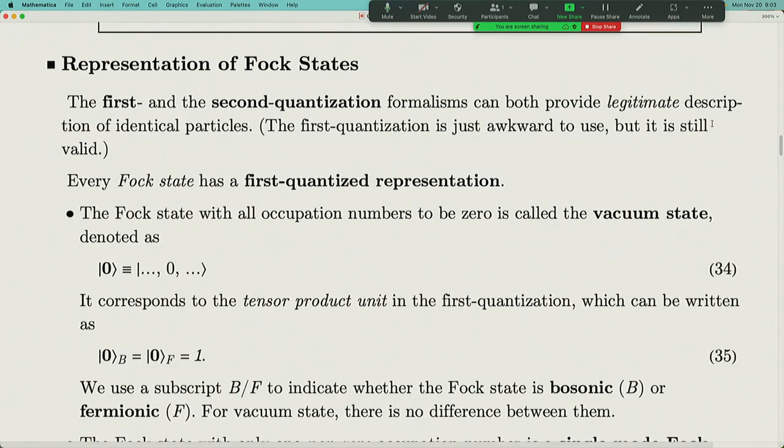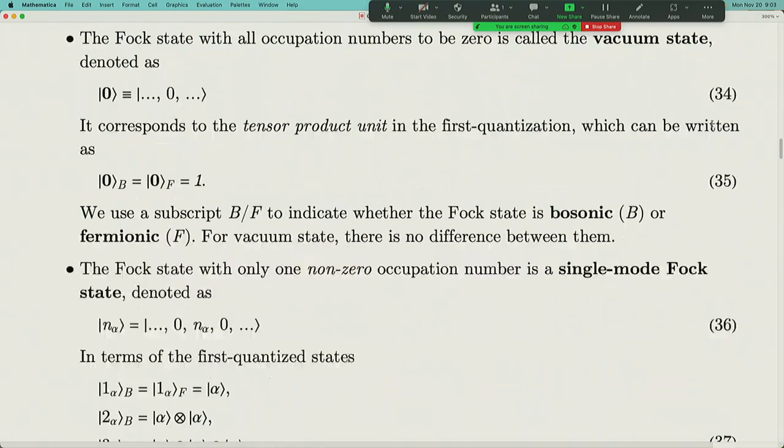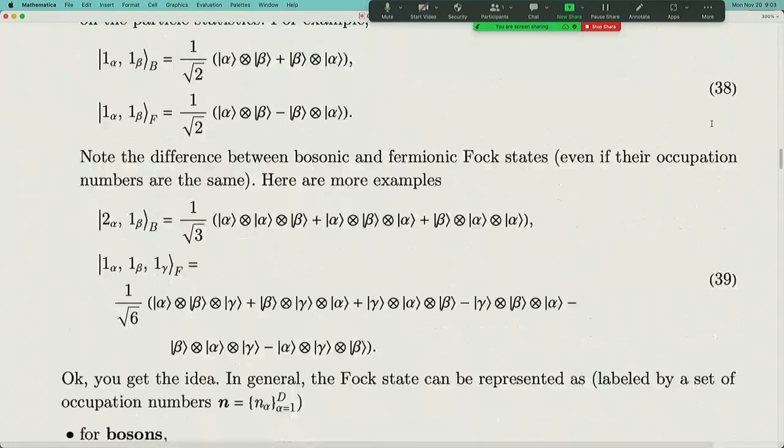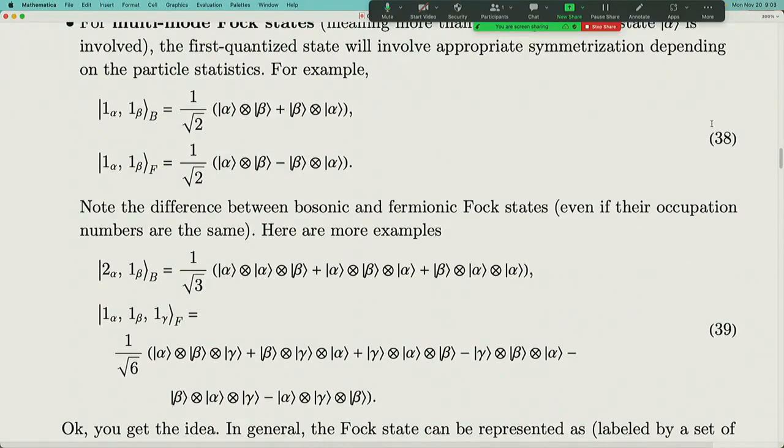So last time we started talking about the relationship between the occupation number basis and the first quantization language. So we want to build a connection between the second quantized formulation and the first quantized formulation in terms of their basis. In second quantized formulation, we talk about these numbers. So for example, we look at this example. If we have one particle in alpha, one particle in beta, then in first quantized language, you can first write down a representative state.